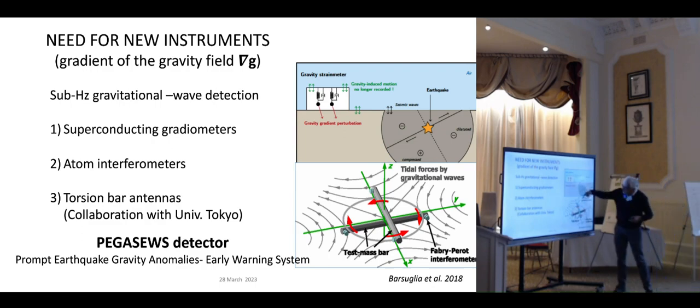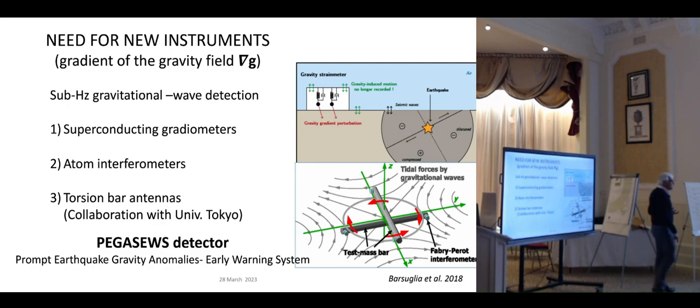In that case, you use a rotation induced by the gradient of the gravity field. You have a bar, and when you have a gradient, it tends to rotate, and you have two bars to stabilize the system. But it's a very simple idea. You have a test mass bar, and we use a tidal force, well, the force is induced by the gravitational wave.